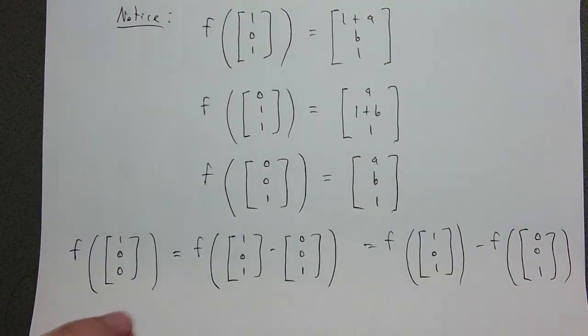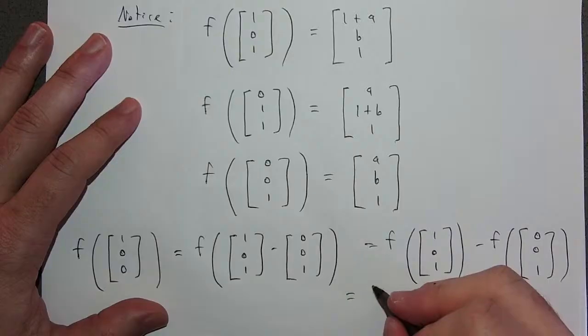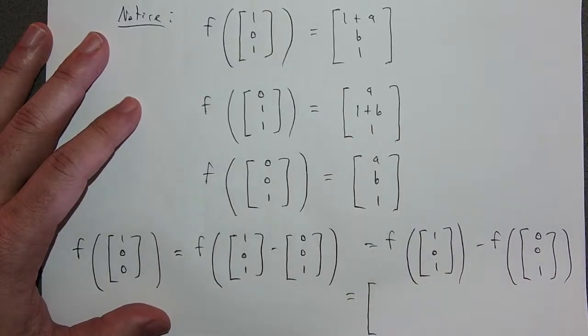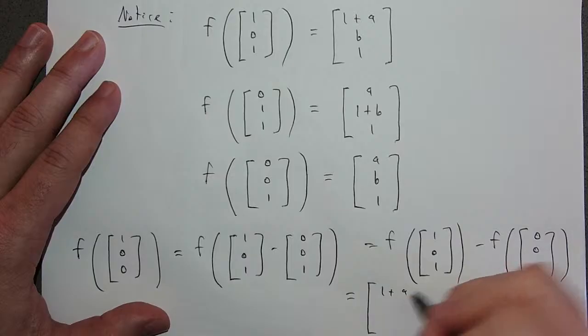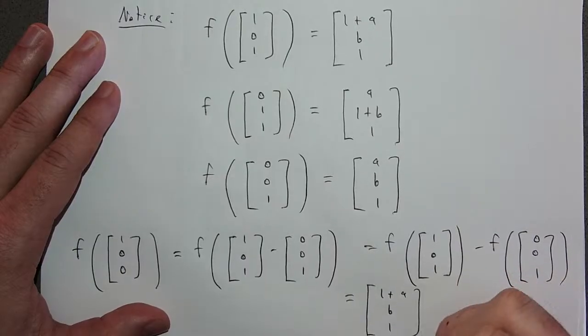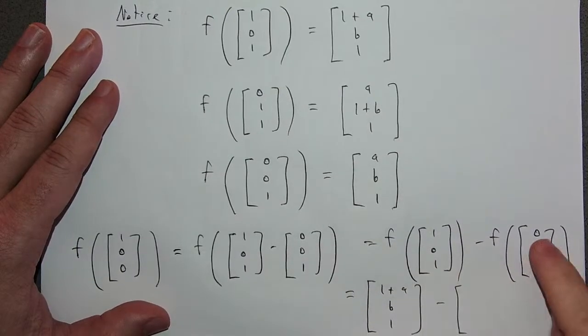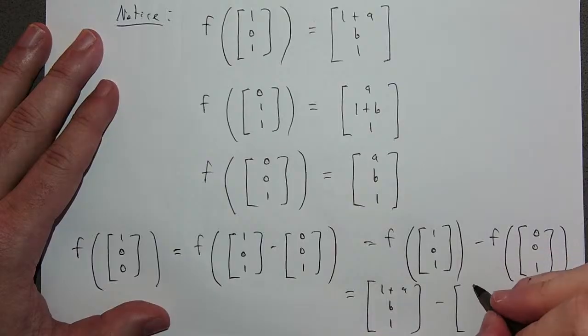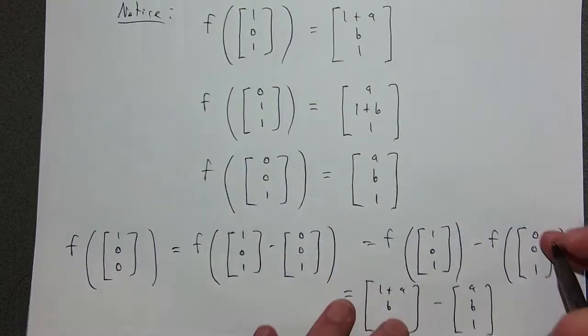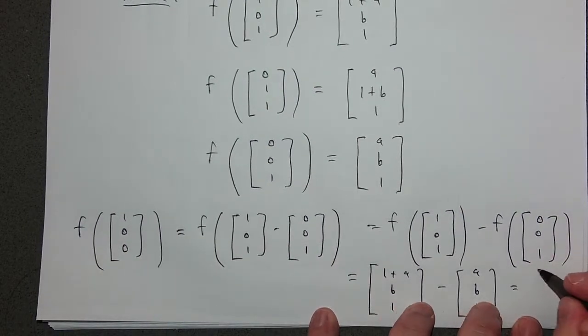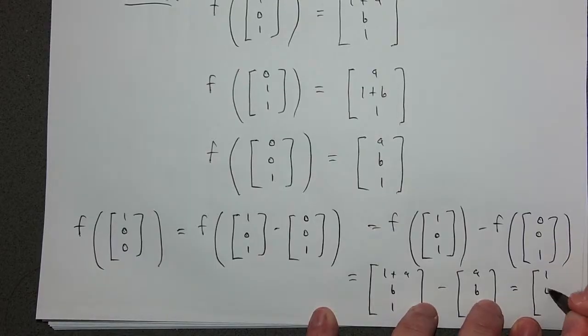But I know what both of these are. F of (1, 0, 1) we found was (1 plus a, b, 1), minus f of (0, 0, 1) is (a, b, 1). And so actually, this is (1, 0, 0).